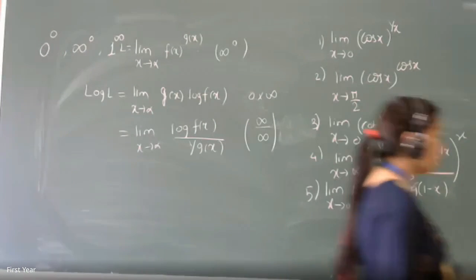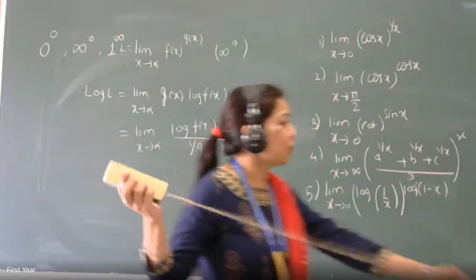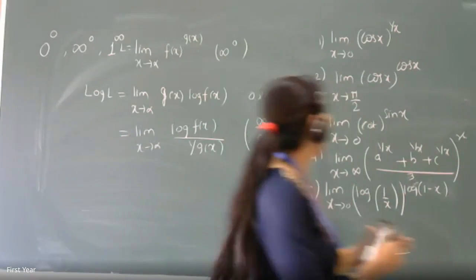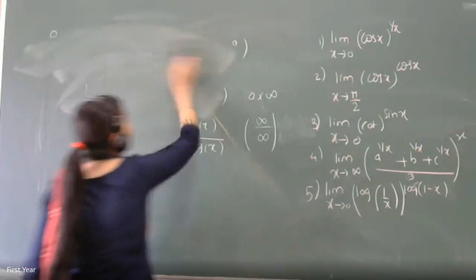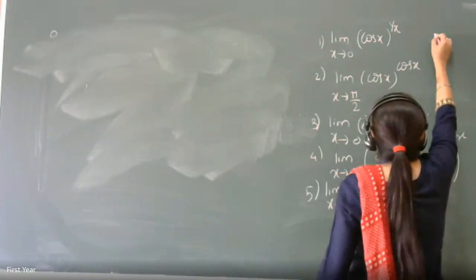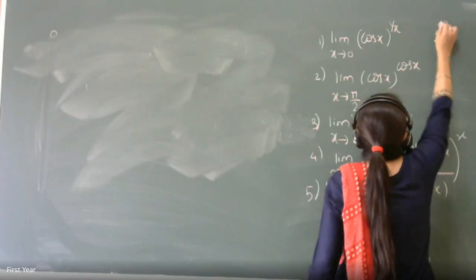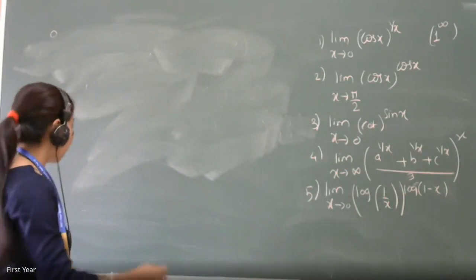So the first question is cos x raised to 1 by x, and your limit is going to 0. So 1 by 0 is infinity. What's the form of the first question? 1 raised to infinity. Cos 0 is 1 and 1 by 0 is infinity. So you have to write down the form first. The form of the first limit is 1 raised to infinity.